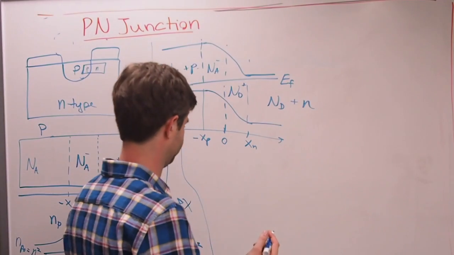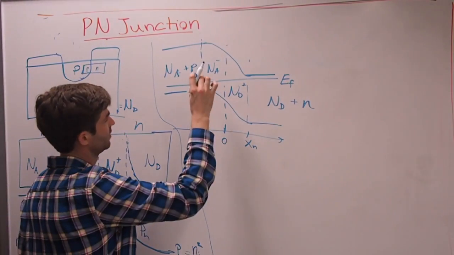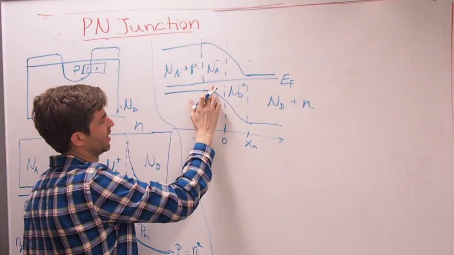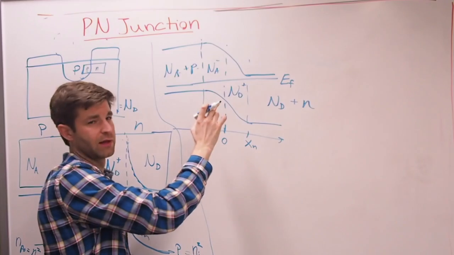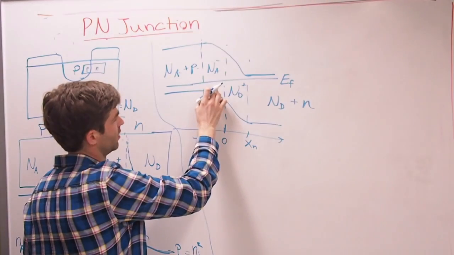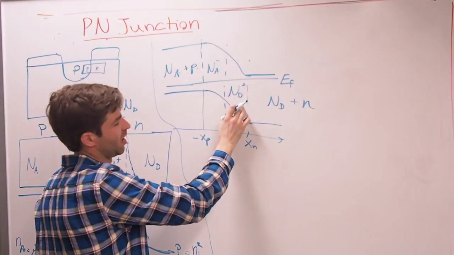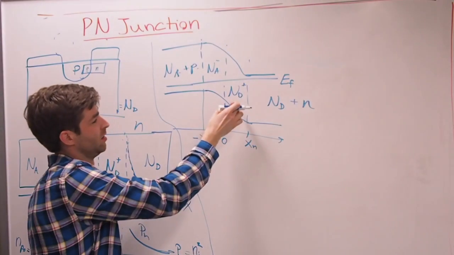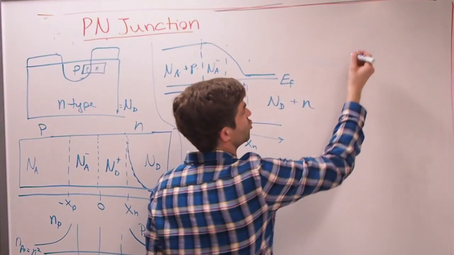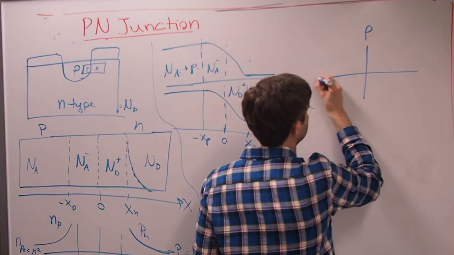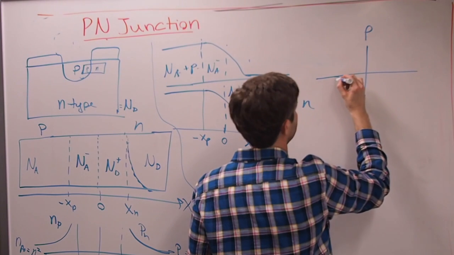So if the only charges in this region are negatively ionized acceptors, anions, in this region, and it's just positively charged cation donors, then if we were to graph our charge density rho, it would look something like this.